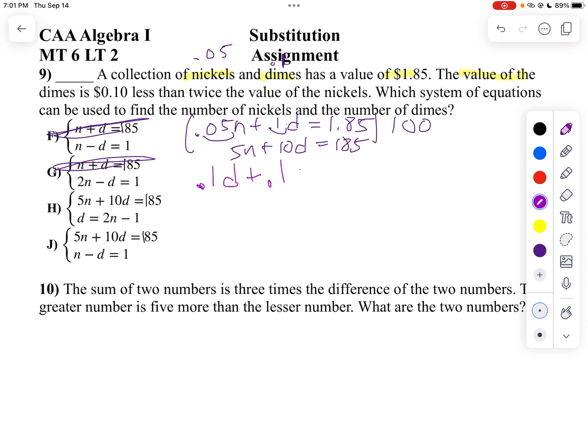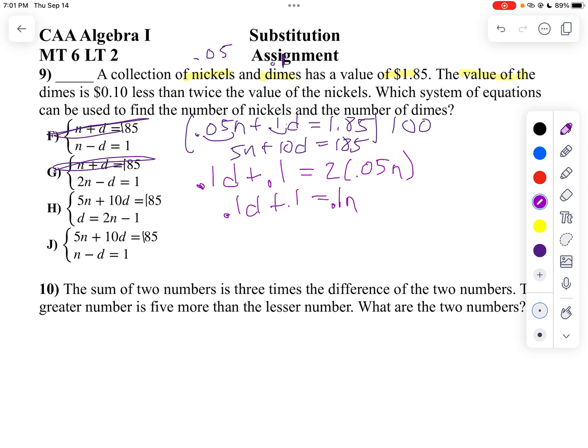And then that equals 2 times 0.05n times the number of nickels. Well, I'll simplify that a little bit. I'll get 0.1d plus 0.1. 2 times 0.05 is 0.1n. Put my decimal right there.